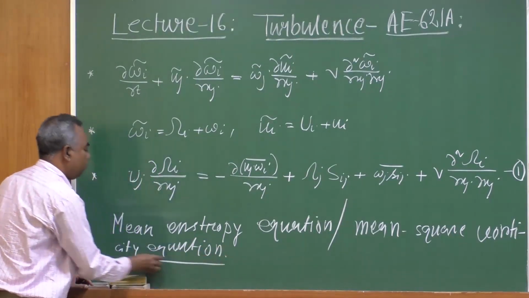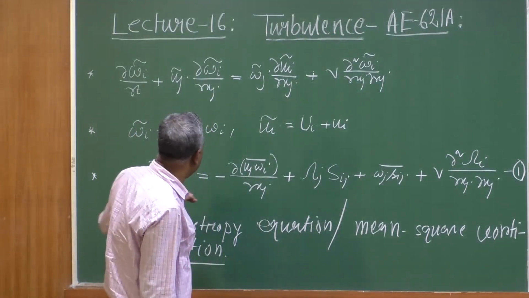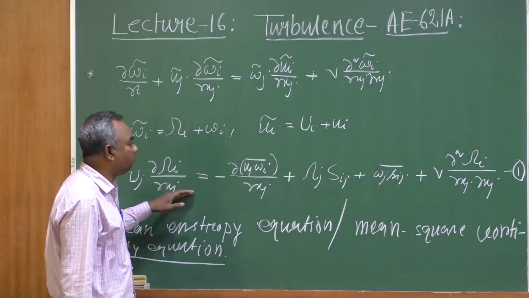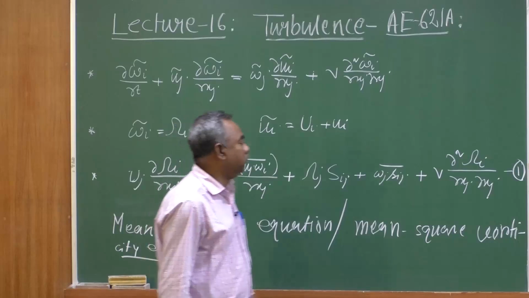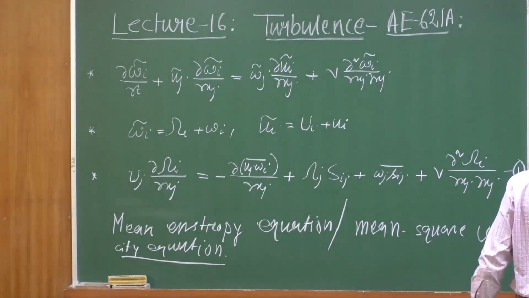That is what we would like to find out today. First, we are going to multiply this equation number 1 by mean vorticity omega i, and let us see what we get.